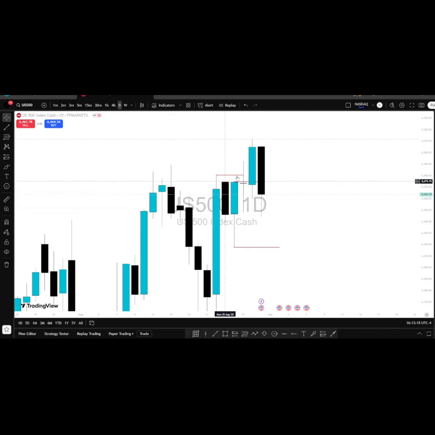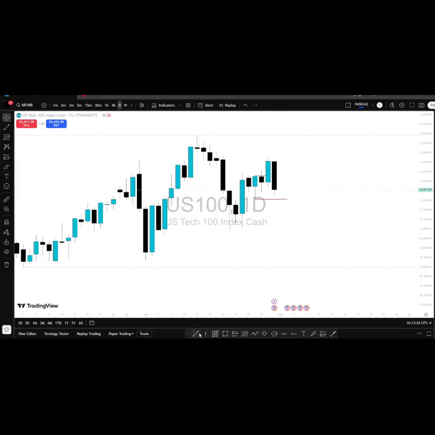But price was not able to close above any of the swept buy side liquidity. Same thing on US 100: price traded above the previous day high, Monday's high, and this buy side liquidity, but was not able to close above any of it.